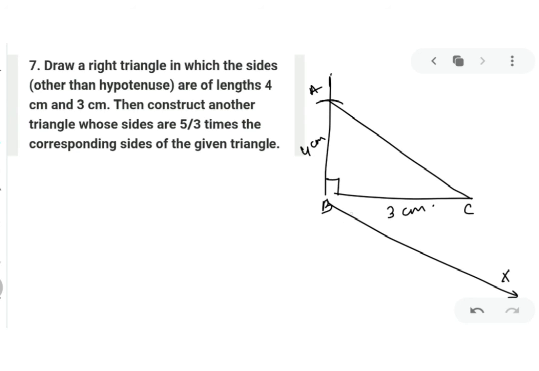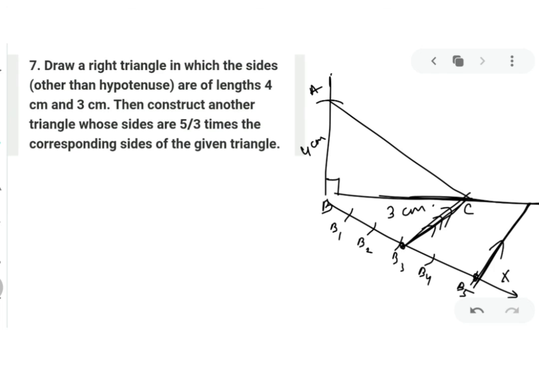So you have to make 5 divisions. Yes, you can name them B1, B2, B3, B4, B5. Correct? Yes. Now what do you have to do? Join B3C and extend BC. From the last point B5, you have to draw a line towards BC so that it becomes parallel to B3C. And you can name the intersection point as C dash.